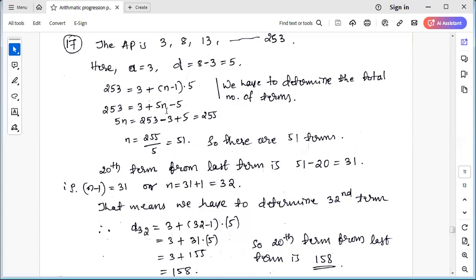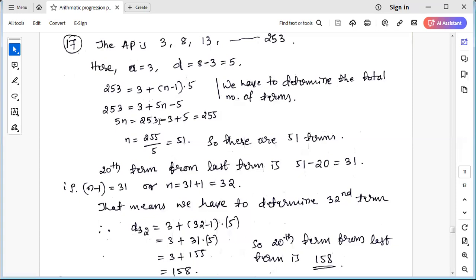Simplify. So 253 is equal to 3 plus, multiplying this, 5n minus 5. Take the 3 and 5 to the other side, so 5n is equal to 253 minus 3 because it is plus 3, and plus 5 because it is minus 5.